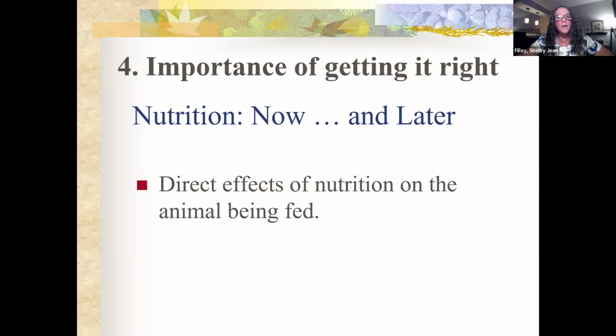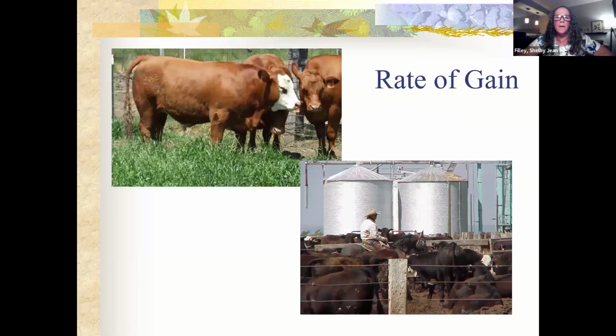So the now is when you're feeding an animal currently, there are direct effects of the nutrition on the animal being fed, for example, rate of gain. If you're feeding an animal properly, it will have the desired rate of gain that you've chosen for that animal.